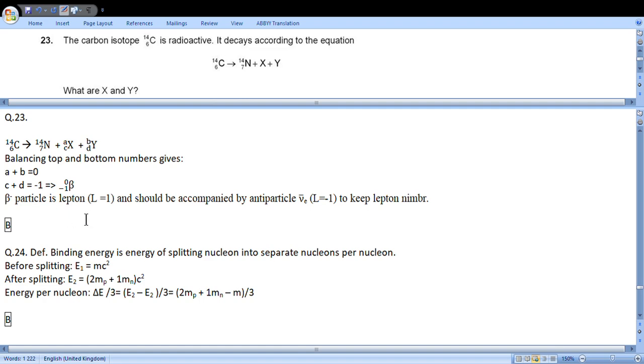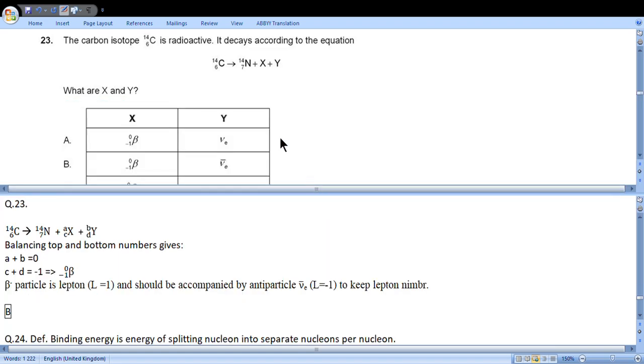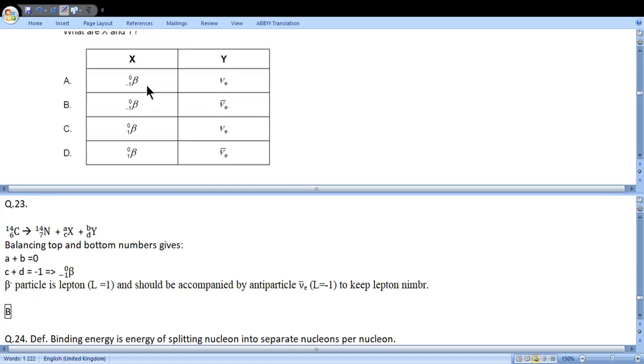Beta particle is a lepton, so the accompanying lepton should be an antiparticle to keep lepton number constant. Antineutrino has lepton number minus 1 because it is an antiparticle. So here we have the combination of beta minus particle and antineutrino. So this is B.